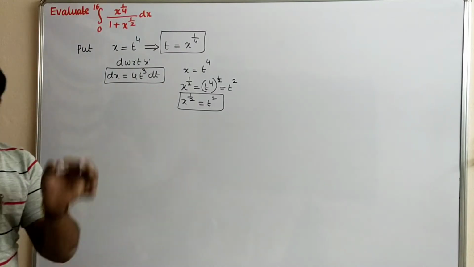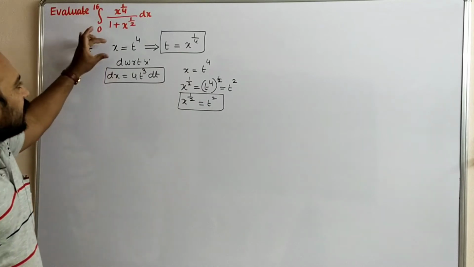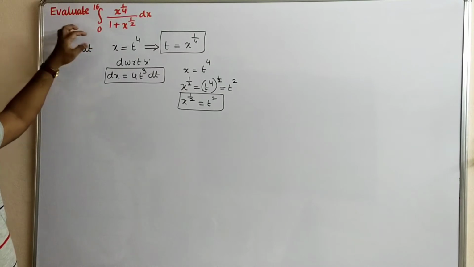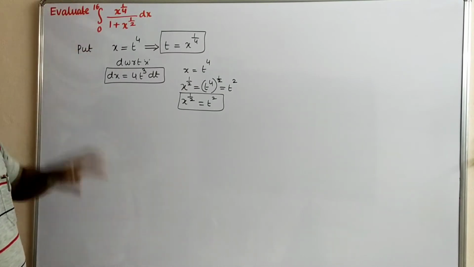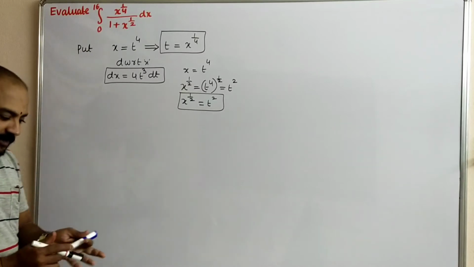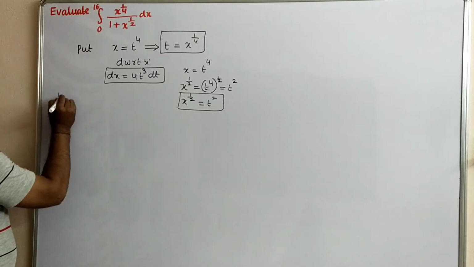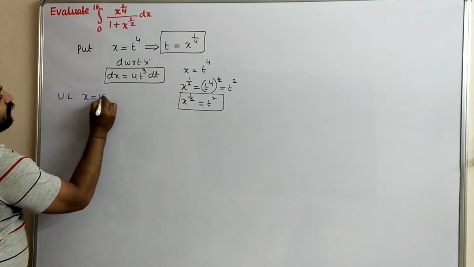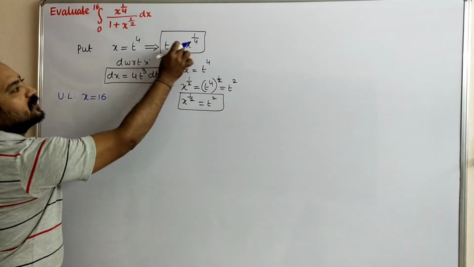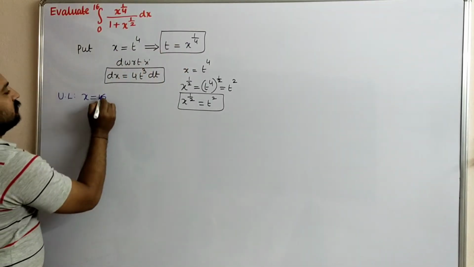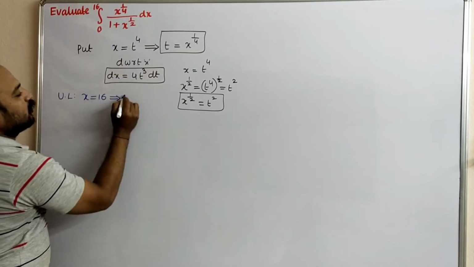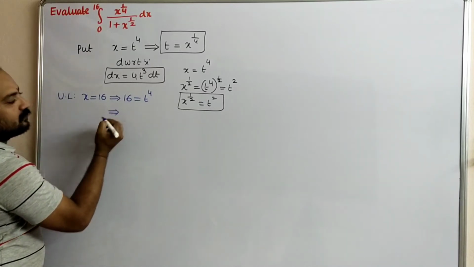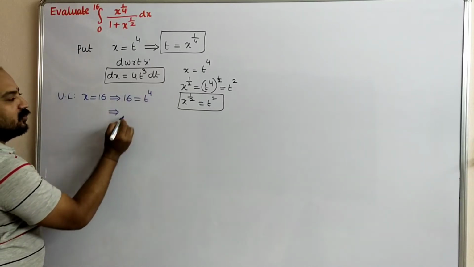One more important thing you have to remember: whenever we are taking an assumption in definite integrals, the limits will automatically change, lower limit and upper limit. See here how the limits change. Upper limit: x is equal to 16, substitute in this, that implies 16 equal to t power 4. 16 in powers of 4 we can write as 2 power 4.